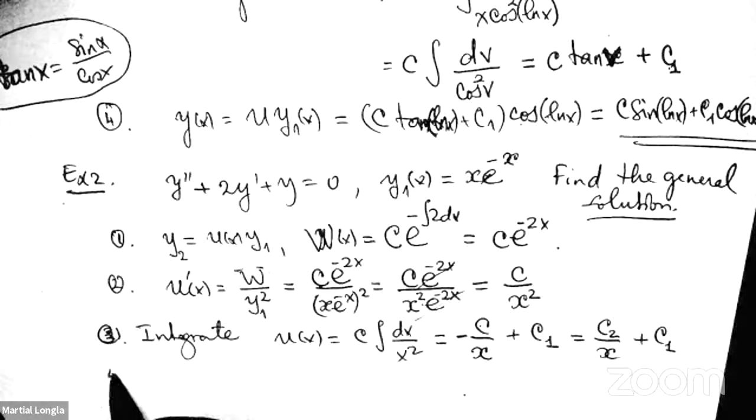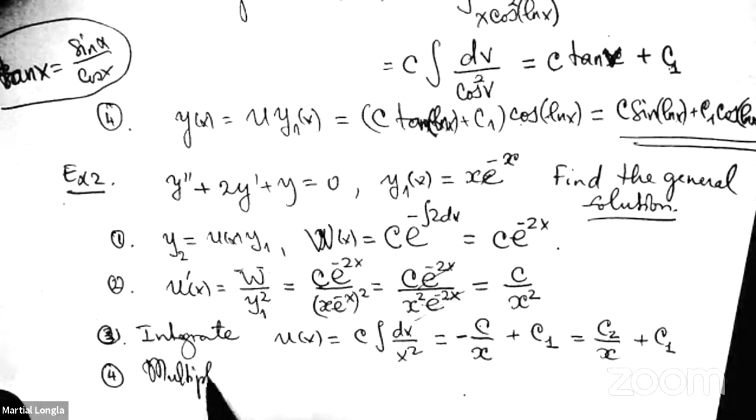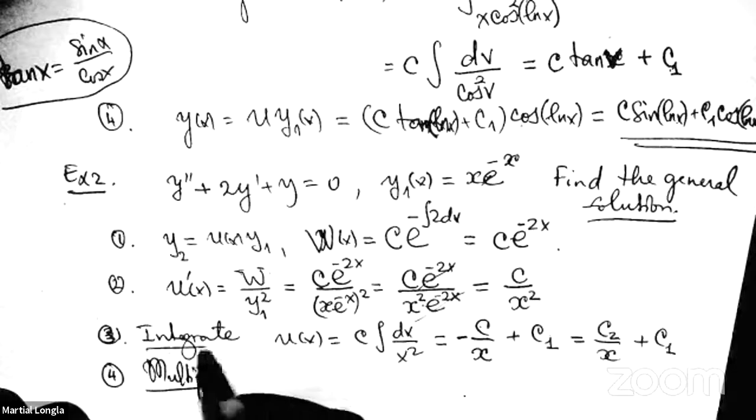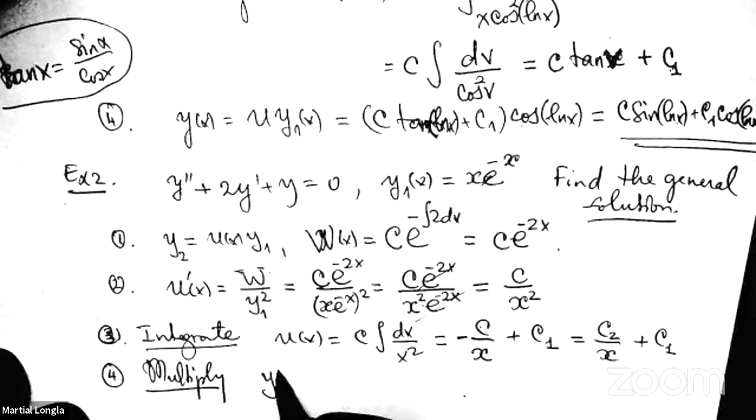And then you can multiply here to get y of x equals u of x times y1.